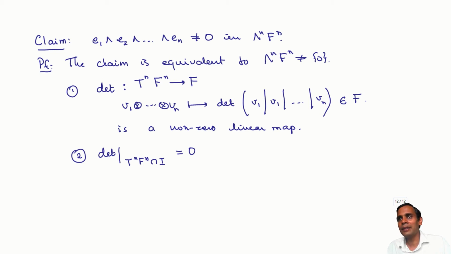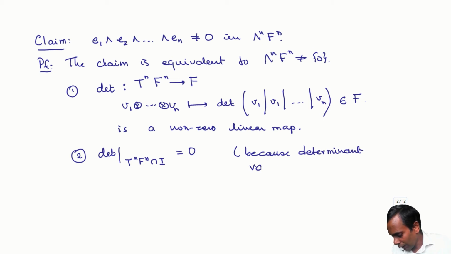So this determinant will vanish on any matrix which is in T^n intersect I, because determinant vanishes on matrices with two equal columns.